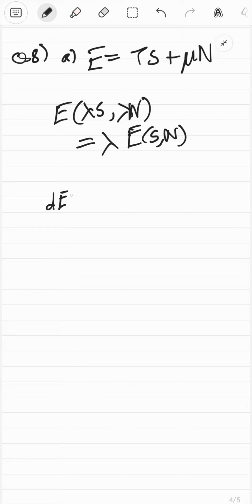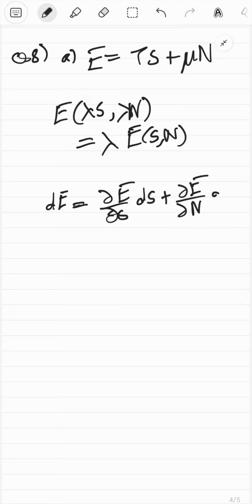So dE is partial E upon partial S dS plus partial E by partial N dN, right? Okay, so now if you divide this by lambda, so dE by d lambda, then this just becomes d by dS.